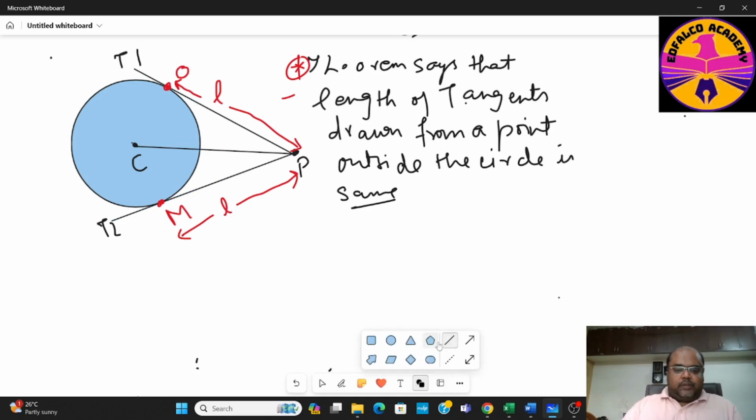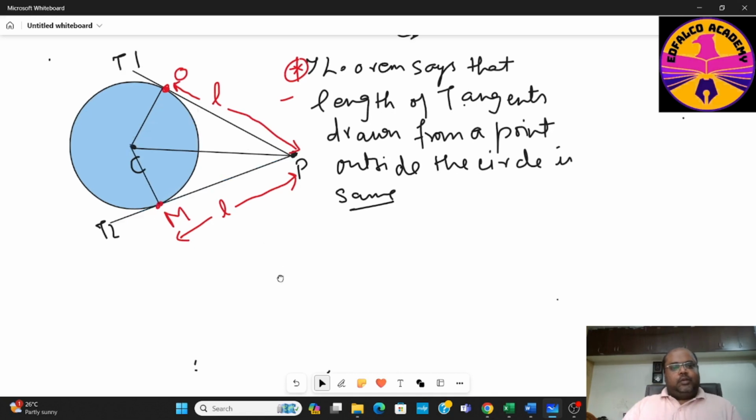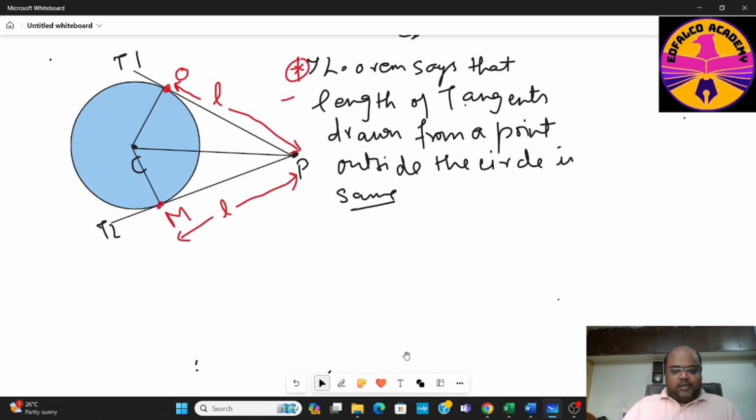Also, let's join these two lines, this line over here and this line over here. Now you will understand why I'm drawing all these lines. So these lines are all my constructions I have drawn, right? CO and CM and PC. These are the three lines I've drawn.